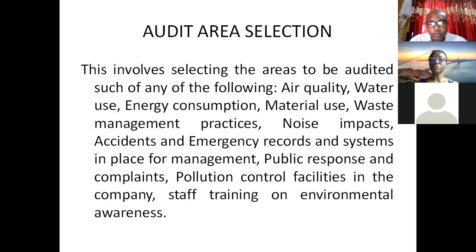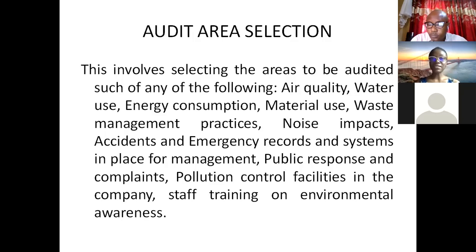Then the audit area selection is the next phase. You identify the significant environmental aspects that have to be audited. This is usually determined as a result of the processes occurring in the organization.